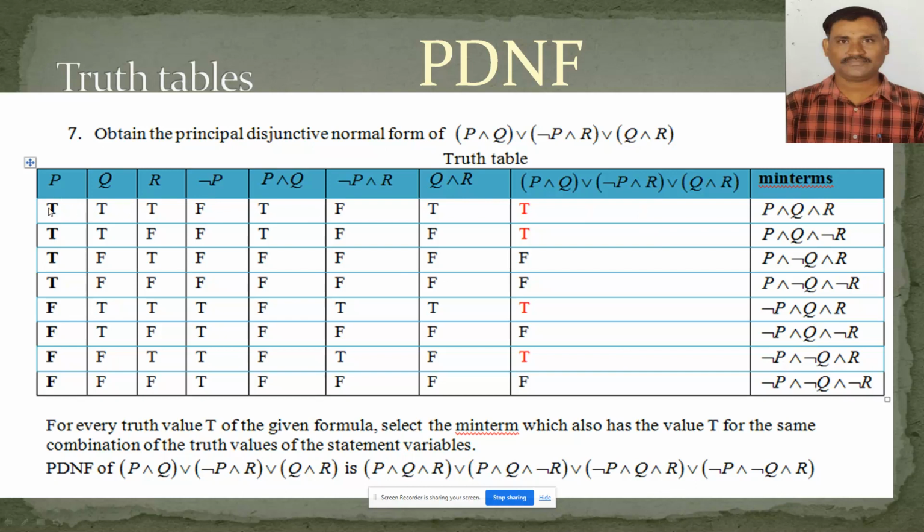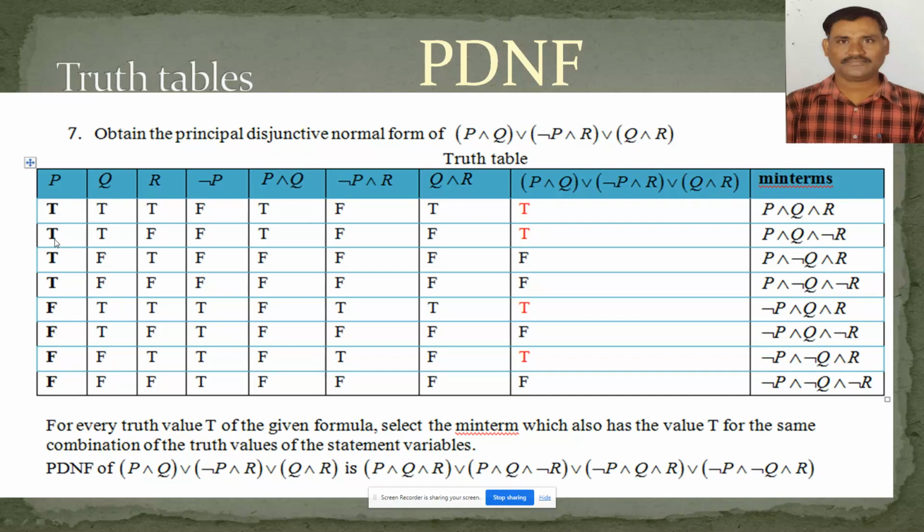Its combination is true. When will you get true? When both P and Q are true, then its conjunction is true. Otherwise, it is false. So P and Q and R is true only when P is true, Q is true and R is true.